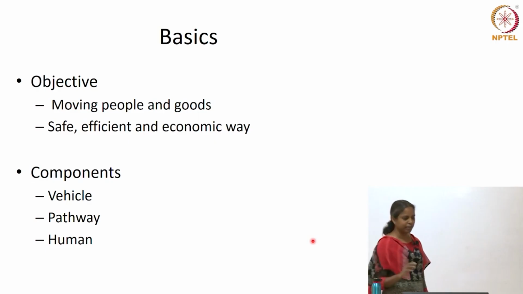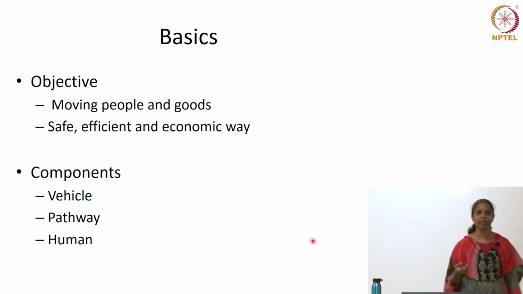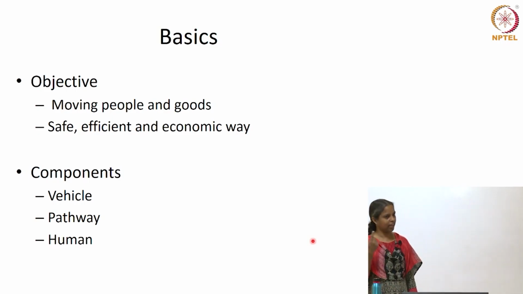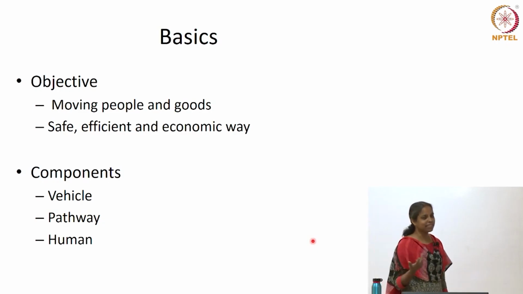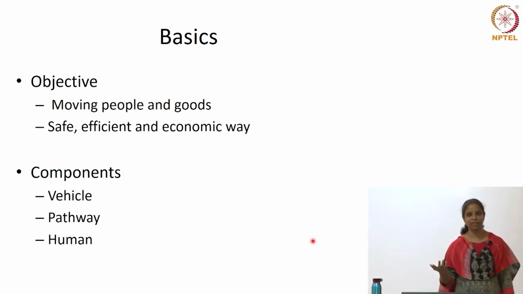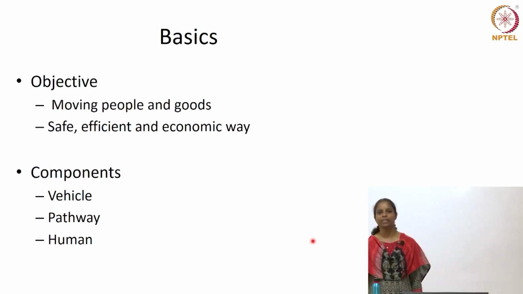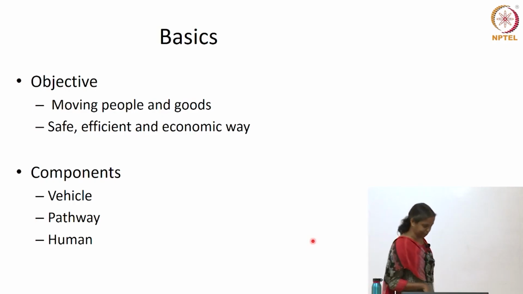That's the difficulty. So, we always look for the optimum way of handling these problems. How do we make them move fast enough and safe enough? But you can't say that average is good enough. We want the minimum accidents. We cannot say 50% is good enough for me. That's one of the major challenges you will face.